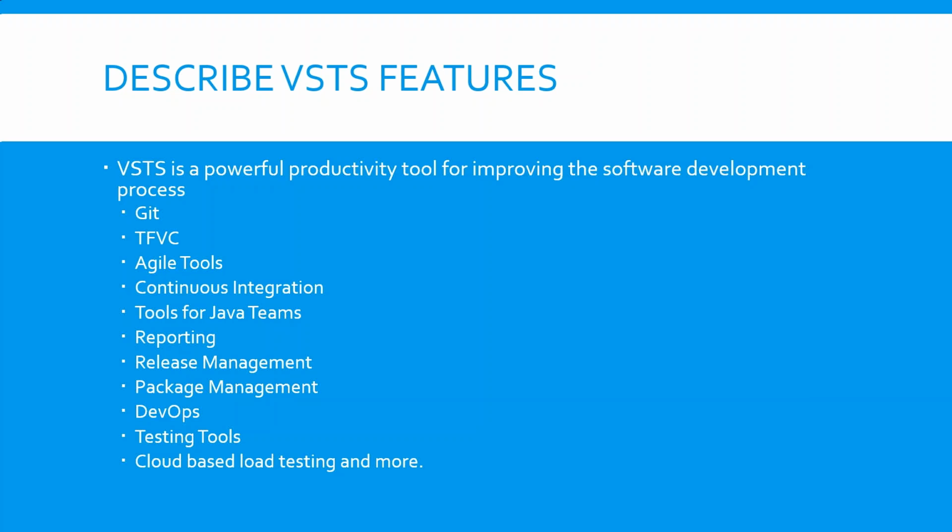Git is more popular basically because it's open source. And Team Foundation version control is supported in VSTS, but it's not familiar to people using TF version control in VSTS.